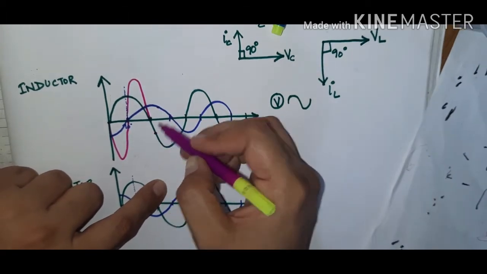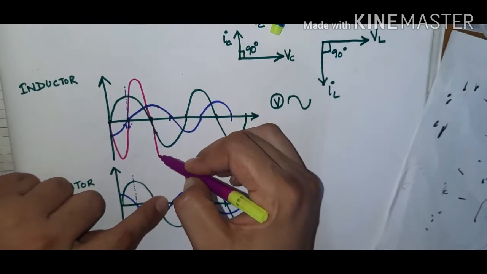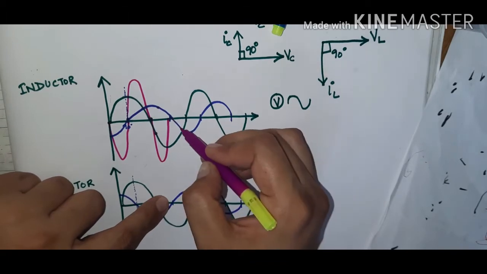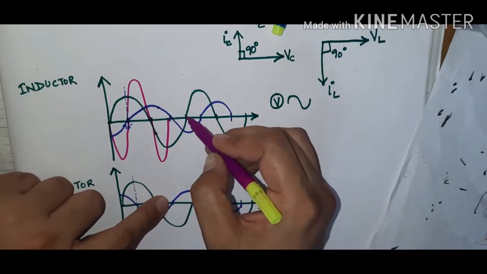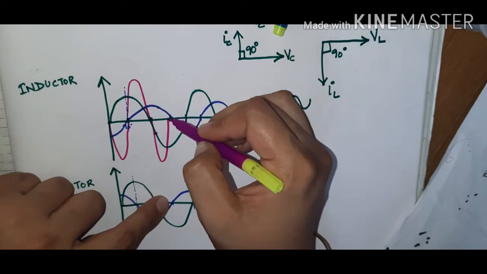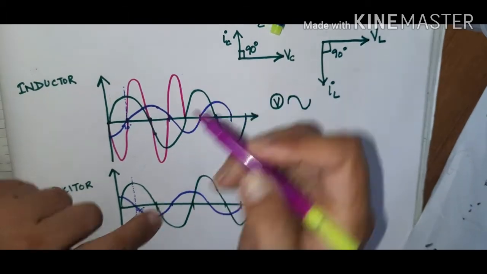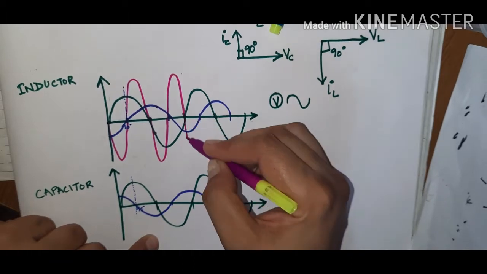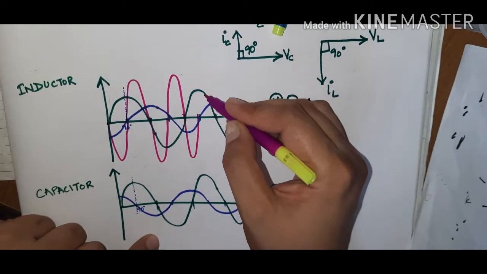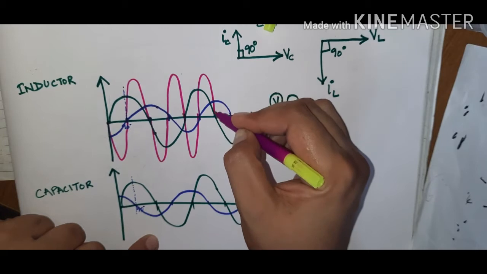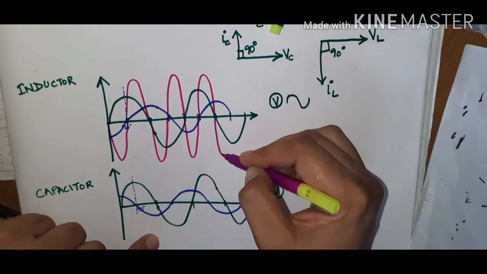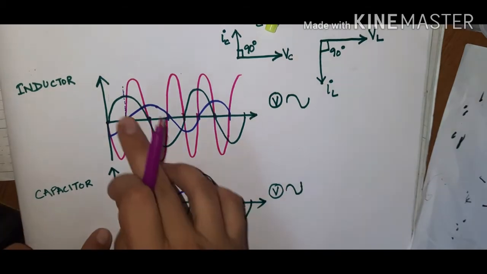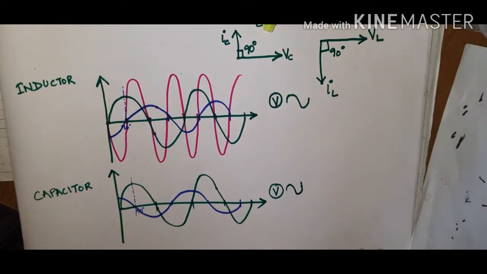So the product of plus and minus is minus. Another 90 degrees, current is negative, voltage is also negative. So minus into minus will give you plus. Plus into minus would give you minus. Plus into plus would give you plus. Plus minus is again minus, and it continues. So this pink over here is the waveform for the power.